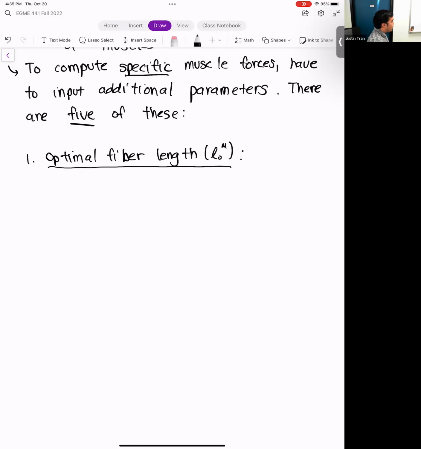This goes right along with our active force length curve. Because from the active force length curve, we know that for the sarcomeres, the individual actin-myosin filaments, there's an optimal length for them in order to produce the maximum amount of force. And so when we talk about the optimal fiber length, we're talking about the optimal length for the entire muscle fiber.